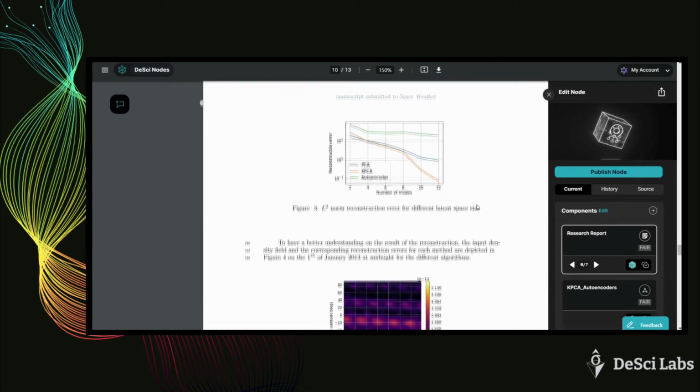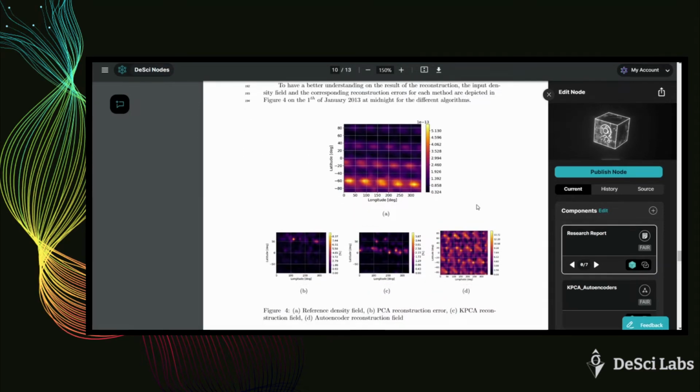And to make it make more sense, we try to show you the data for a specific case. So at midnight of 1st of January 2013, at an altitude of 500, you have such a density field. So this is longitude, latitude, and this is the value of the density.